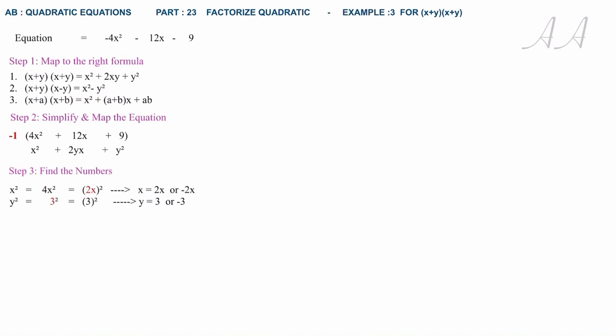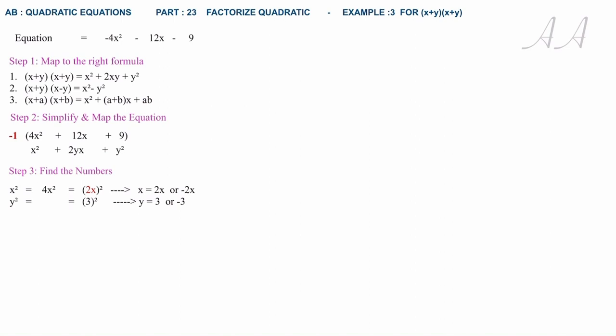Step 3 is finding the numbers. Now you have 4x squared, so x squared is equal to 4x squared because 4x squared is right above x squared. And y squared is equal to 9 because 9 is right above y squared.